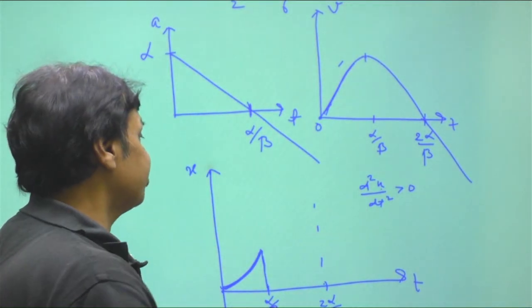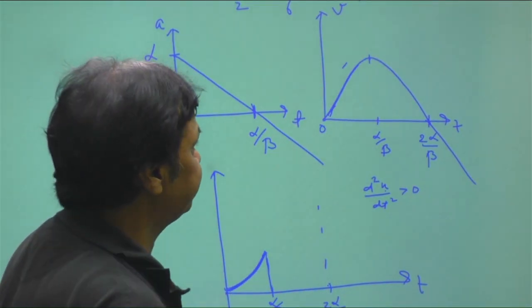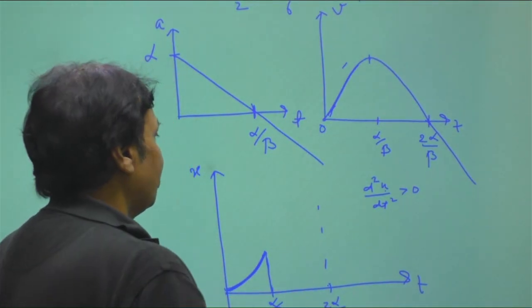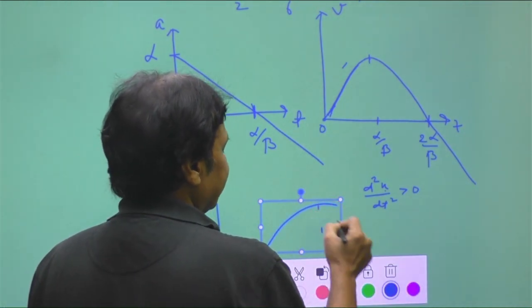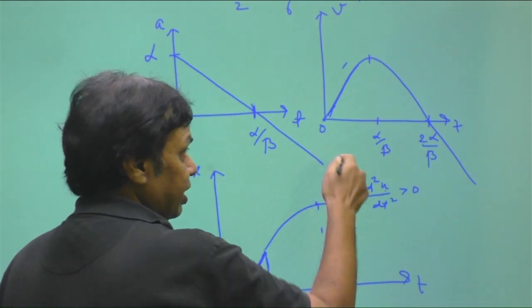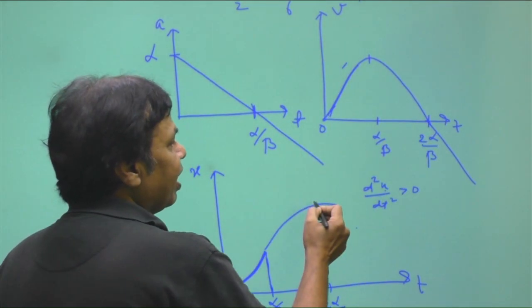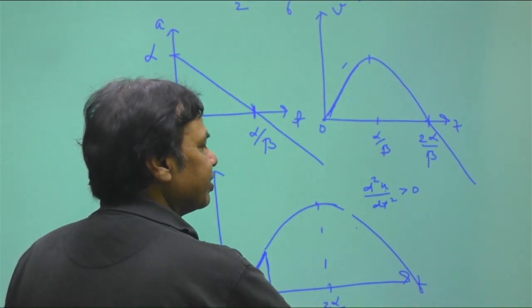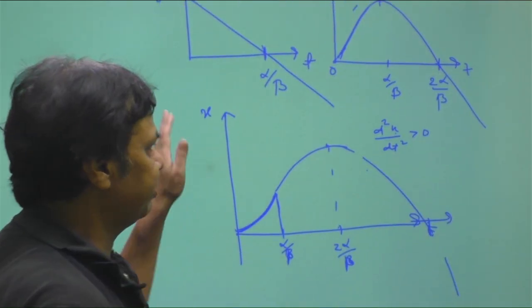That means from now on, the concavity of the curve will change, and we know the curve will be like this with a local maxima at this point, because acceleration is going to be 0 at this point, and it keeps going like this. So the x versus t graph can be drawn like this.